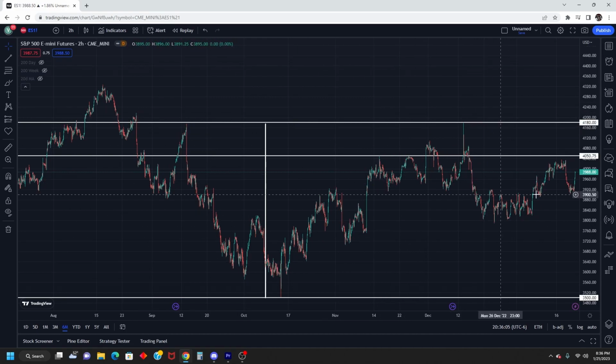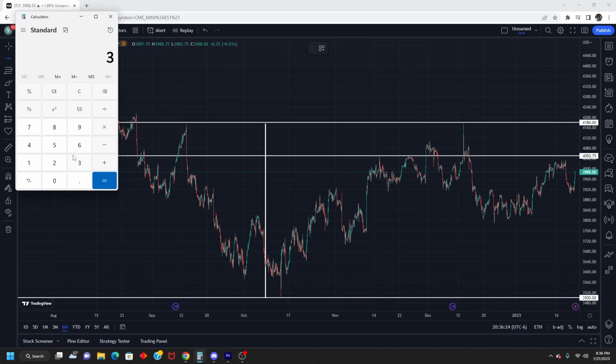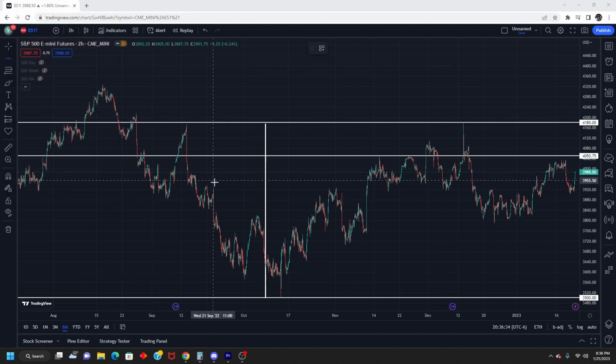A 50% regression, ICT, between this 3,500 low and this 4,180 is, let's do the math. 3,500 plus 4,180 equals, divided by 2 equals 3,840.